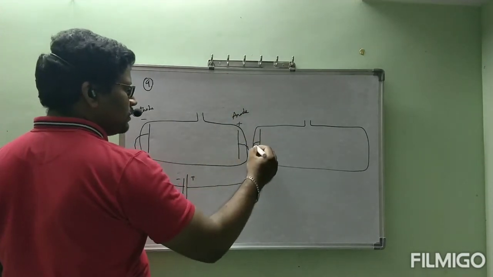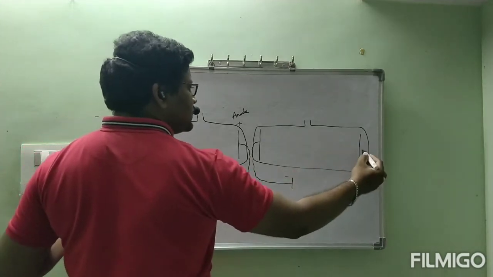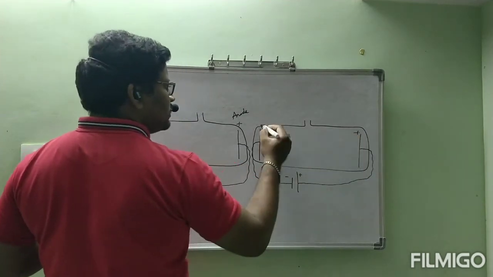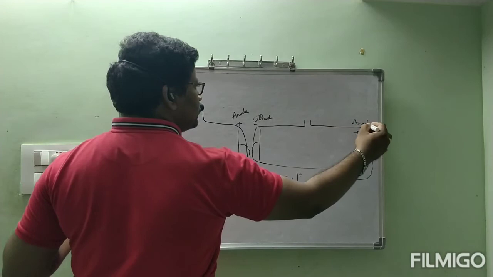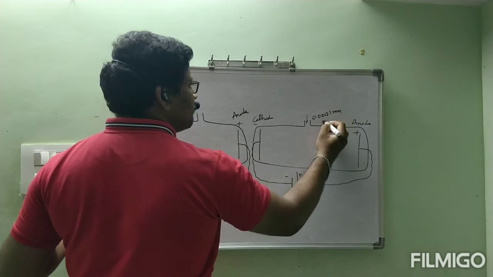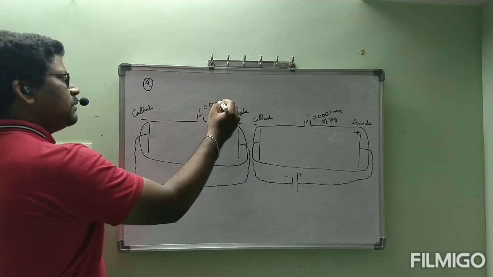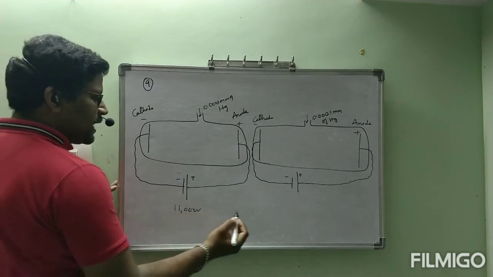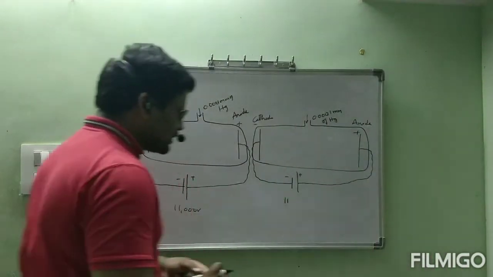Same here also, this is connected to the negative terminal of the battery and this right side metal plate is connected to the positive terminal of the battery. Here the pressure is 0.0001 mm of Hg, and here 11,000 volts, very high voltage. These conditions you already know from the time of discovery of cathode rays and anode rays.